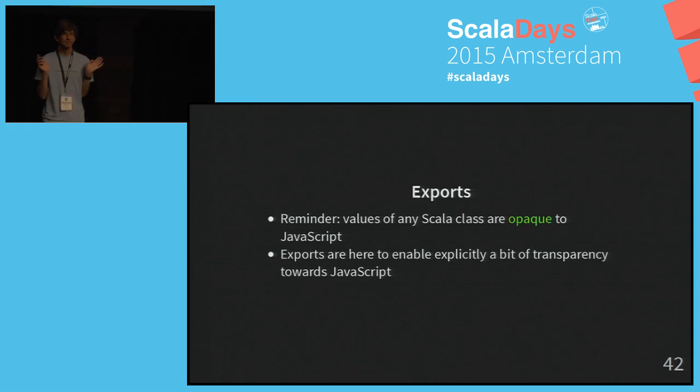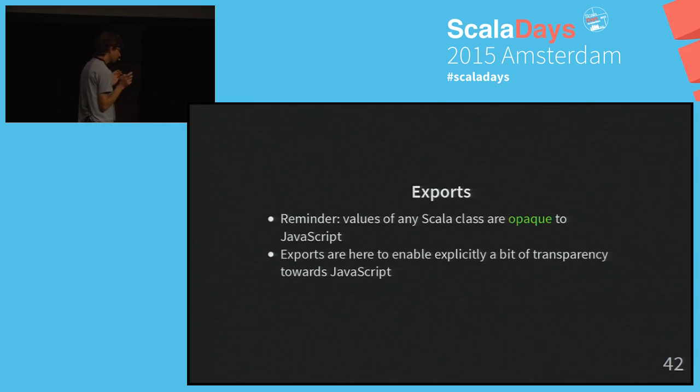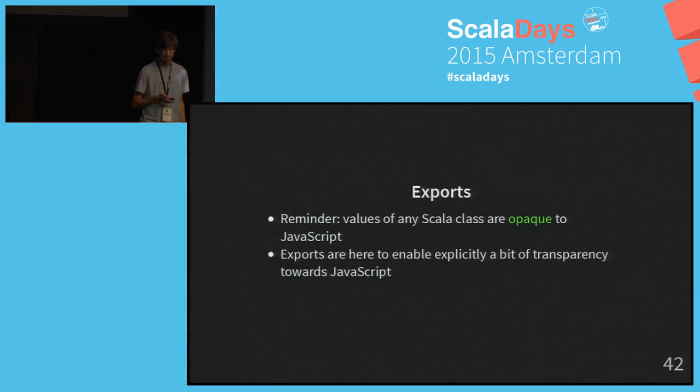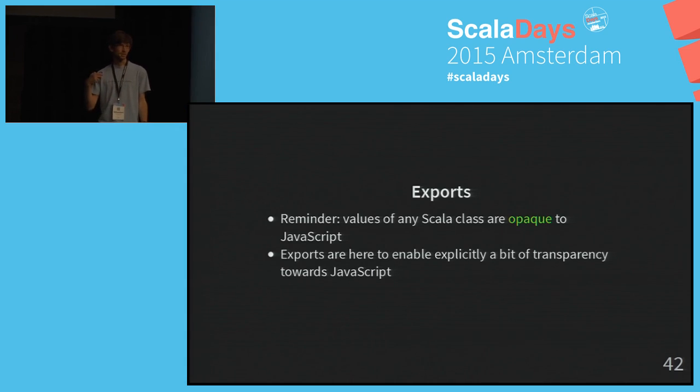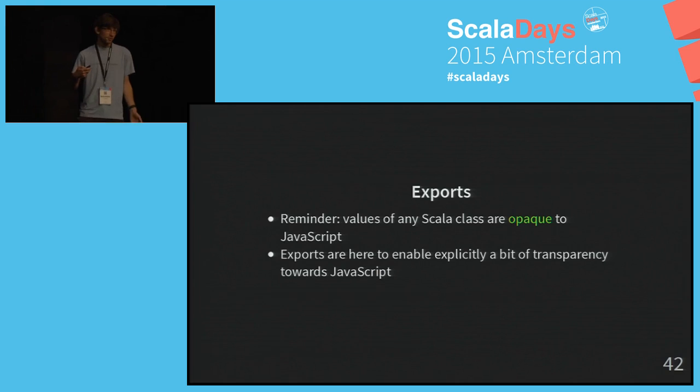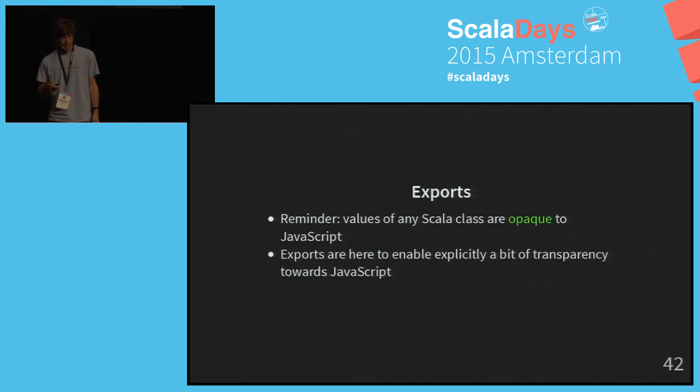You give an object to JavaScript, it does not know what to do with it. It cannot call even the public methods of this object. The language doesn't give you this guarantee at all. Actually, it will try very hard not to let you do it, because it's undefined behavior if you do.